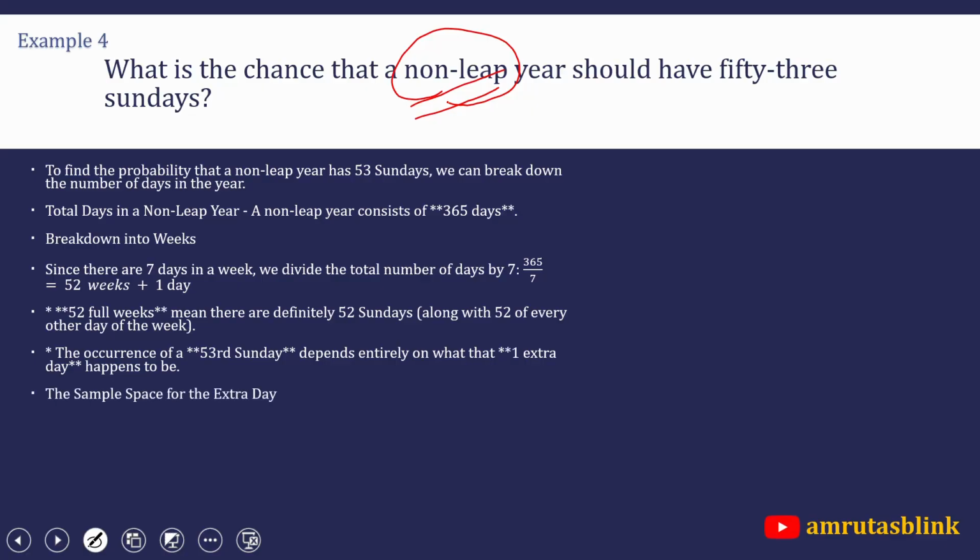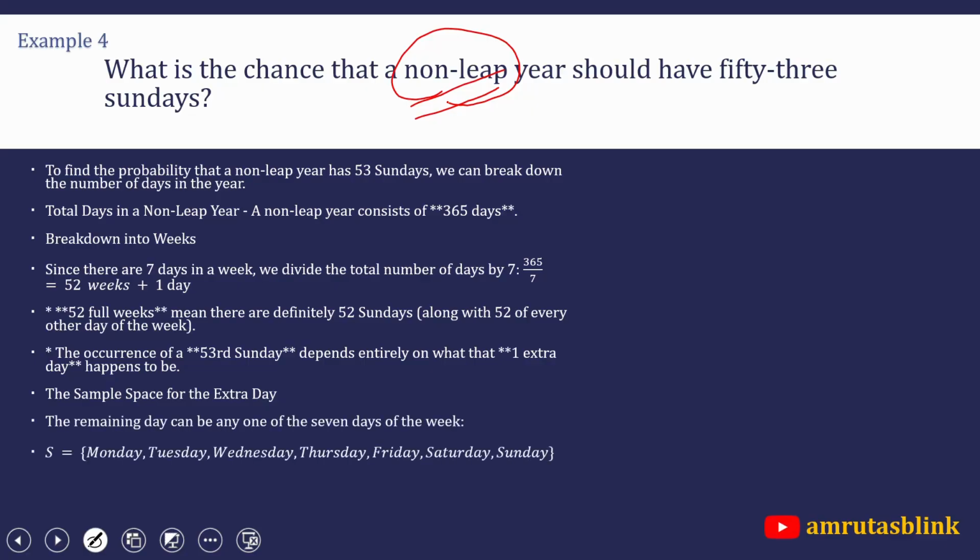So how many possibilities are there for this one extra day? That one extra day can be Sunday, Monday, Tuesday, Wednesday, Thursday, Friday, Saturday. So how many events are there in the sample space? It is not 365, it is not 366, but that one extra day can be any day out of these 7 days, and hence n of S is equal to 7.